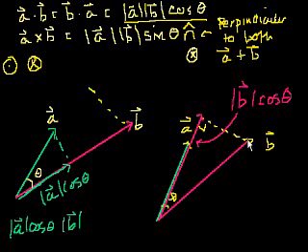And they're actually the same number. If you take how much of B goes in the direction of A and multiply that with the magnitude of A, that gives you the same number as how much of A goes in the direction of B, and then multiply the two magnitudes.